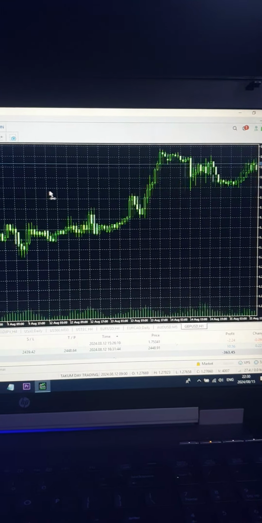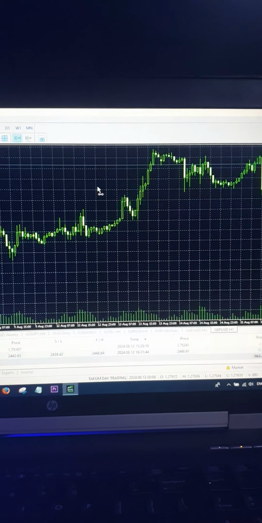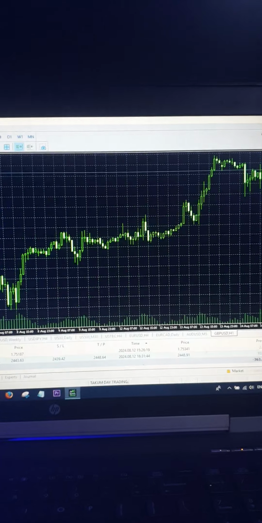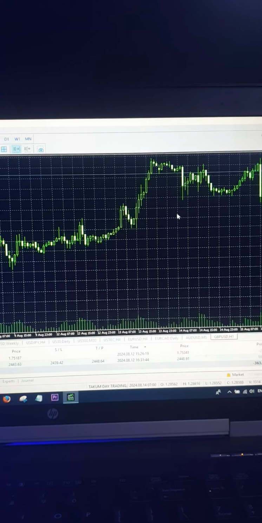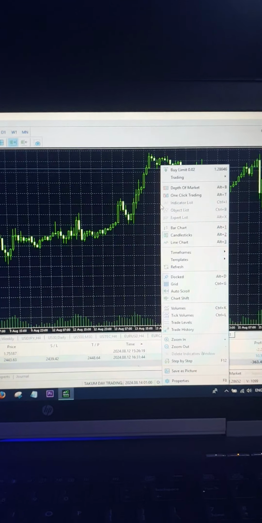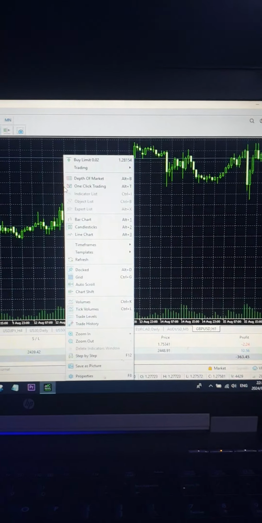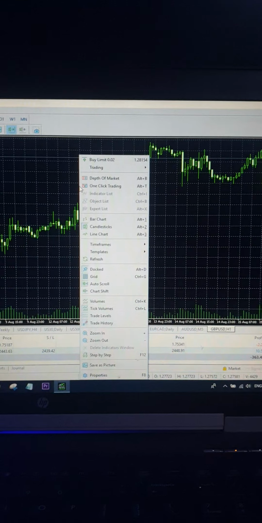when it's like this. So there's a template that I've customized to facilitate my trading analysis, especially technical analysis. I'm just going to show you how to select a saved template.